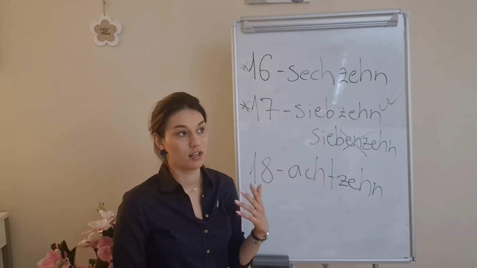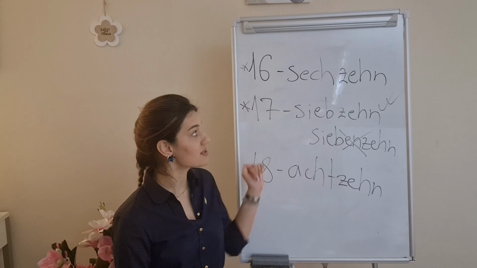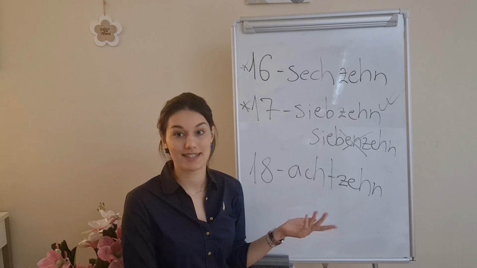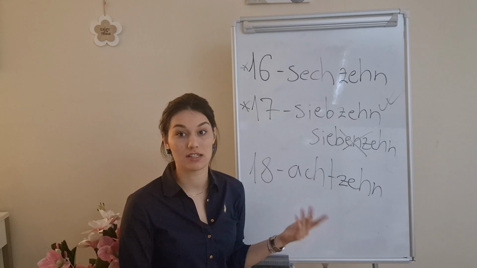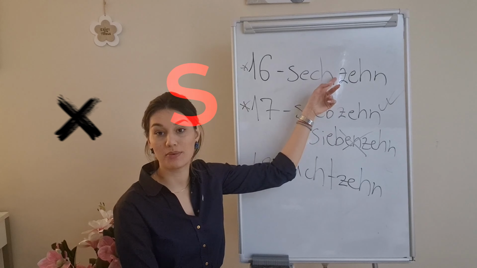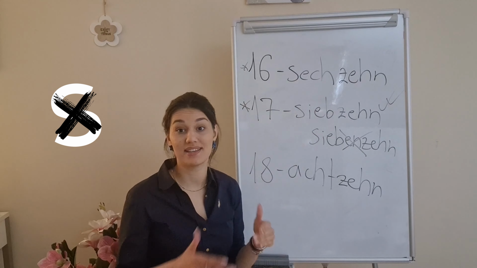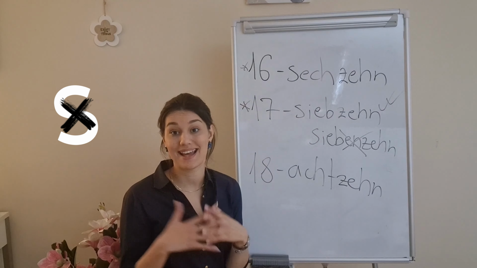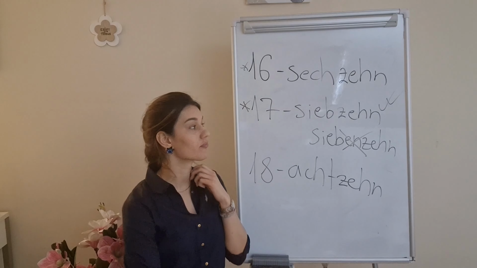Why are these numbers exceptions? Because 16, we would say with this logic, sechszehn. That is written here, yes, but we don't have an S here. So that's why this is very important to understand. This is said sechzehn, but without S. And with 6, we have sechs. We have this S at the end of the number.